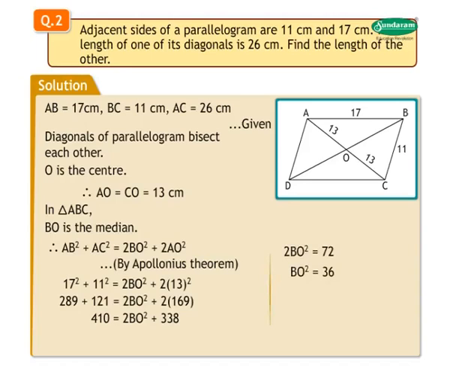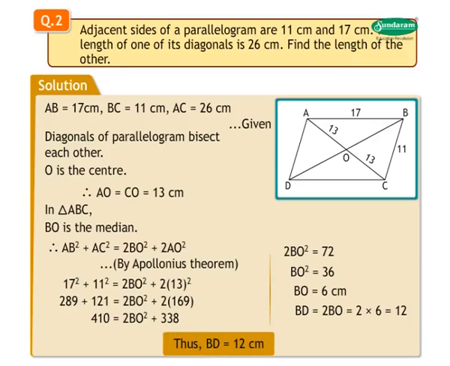Therefore, BO square is equal to 36. BO is equal to 6 centimeters. Now BD is equal to 2 into BO is equal to 2 into 6 is equal to 12.